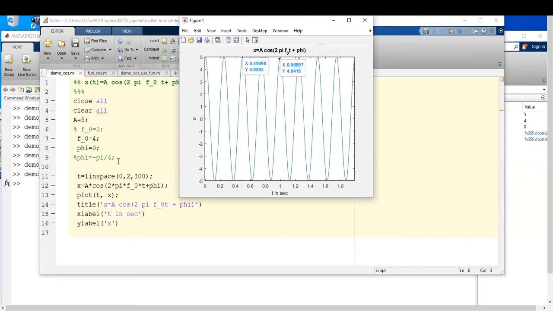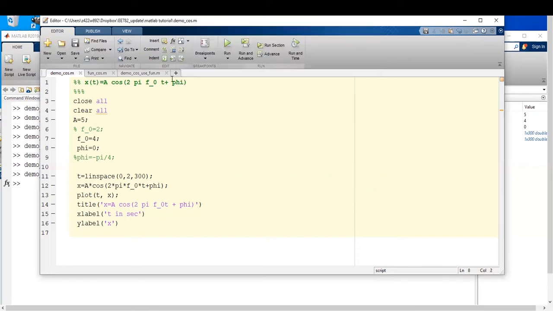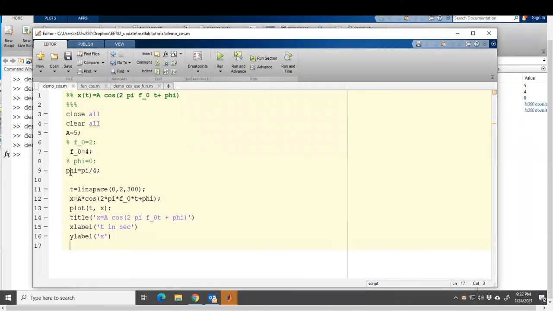Okay. Next, let's look at the initial phase, phi. Let's do phi equals pi over 4. If phi equals pi over 4, converted into degrees, that will be 45 degrees. Let's run the program.